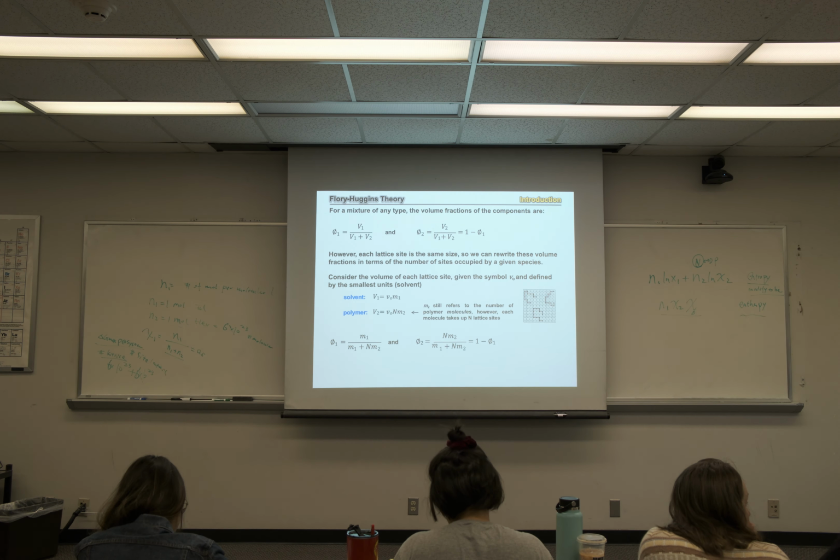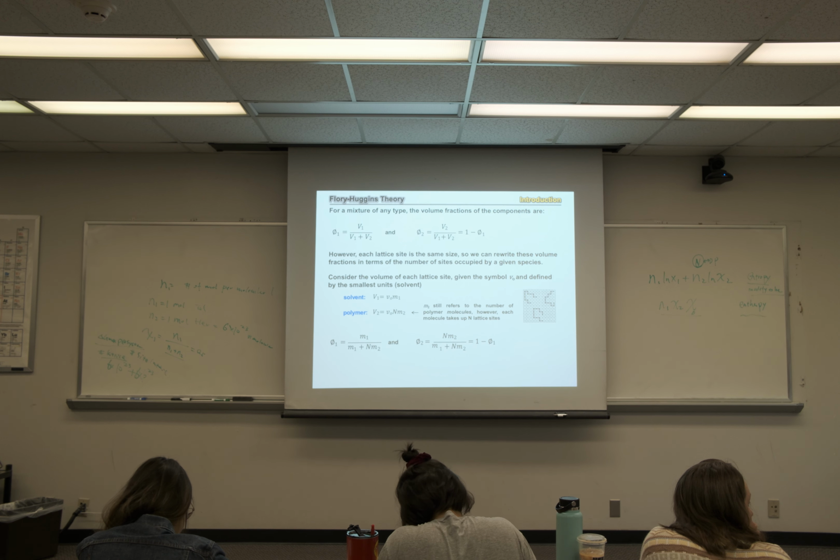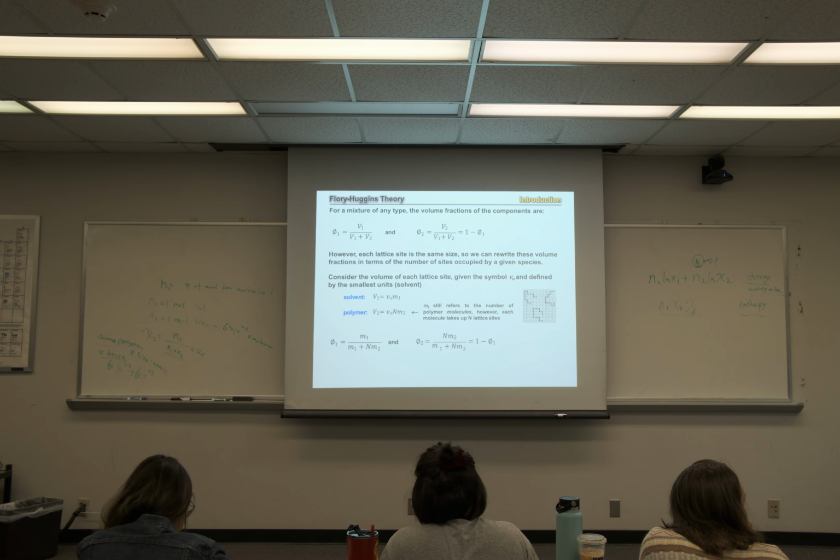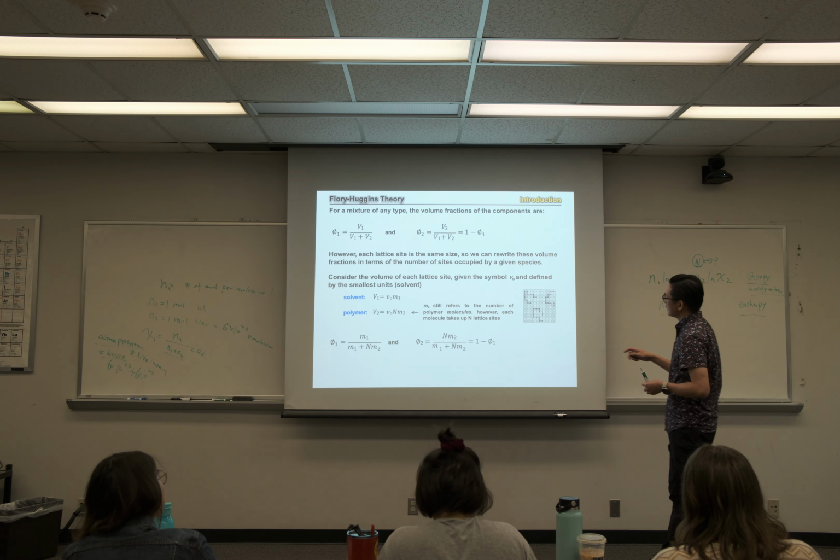Yes? Is there some size differential at which this assumption doesn't really make sense anymore? Like nylon 612 in water or something, right? Like one monomer of 612 is way bigger than one monomer of water. Yeah, that's totally, what Daniel's saying is we need to consider what would be the case.